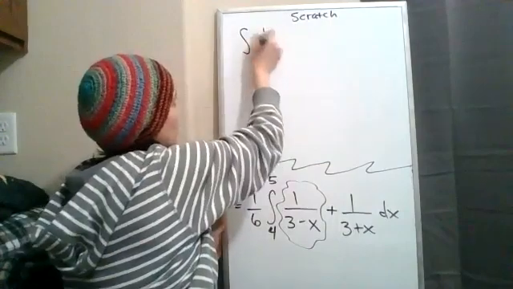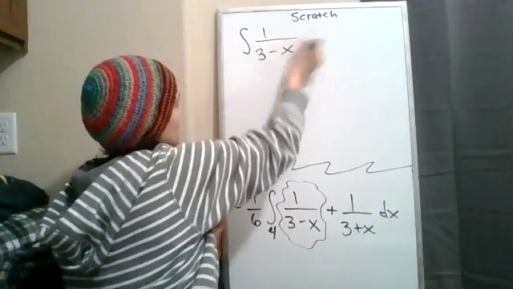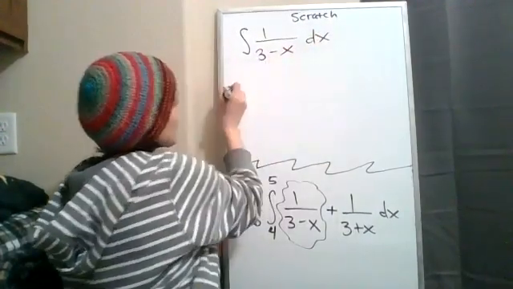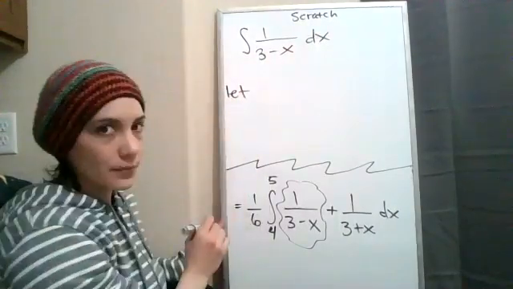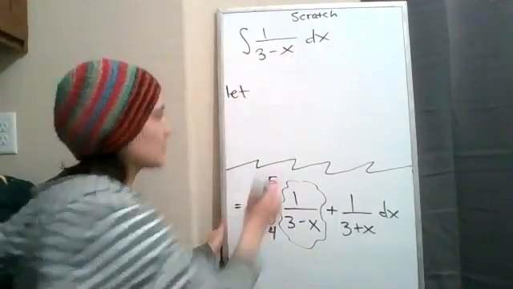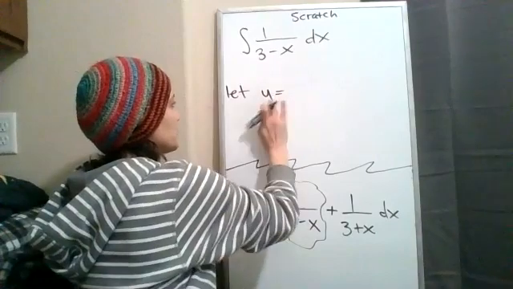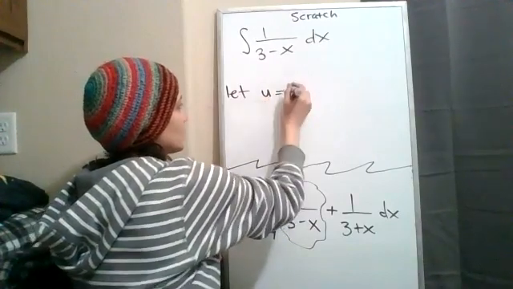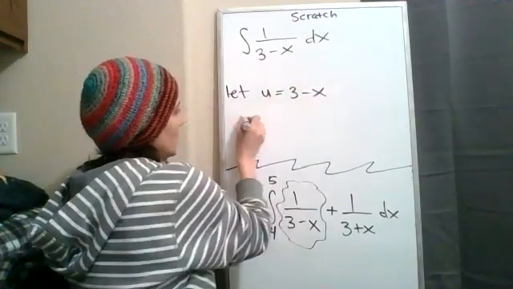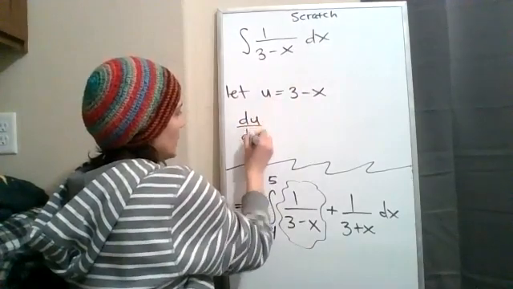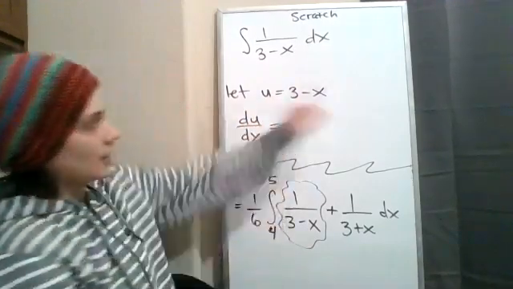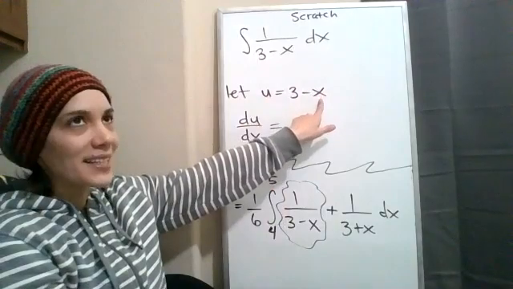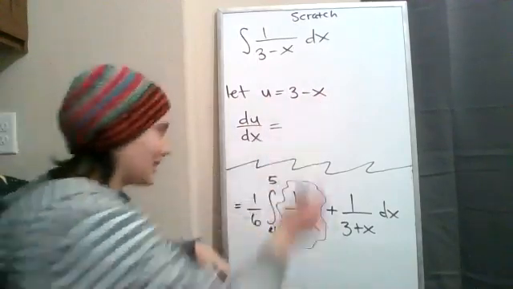Integral of 1 over 3 minus x dx. Let u equal 3 minus x. du dx, that's where it is. That's the negative sign, -1 on this side.